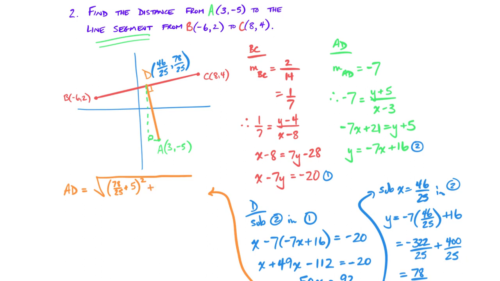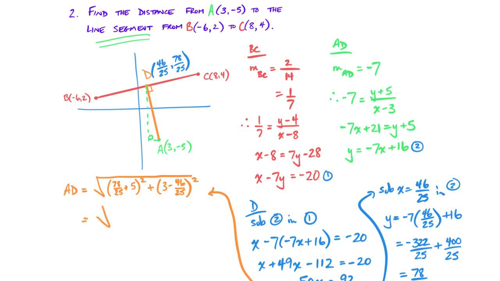And then my horizontal distance is going to be from 46/25 over to 3. So I need to find the difference of 3 to 46/25. Okay, a ton of common denominators, a ton of ugliness. Let me show you a little trick as you work your way through.